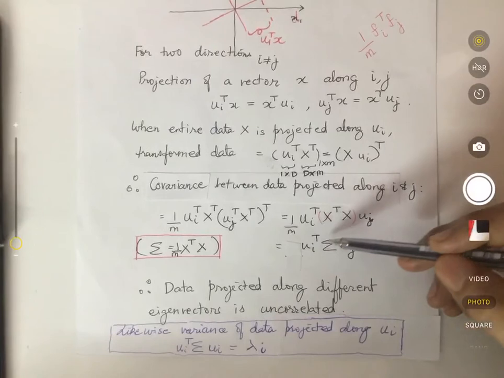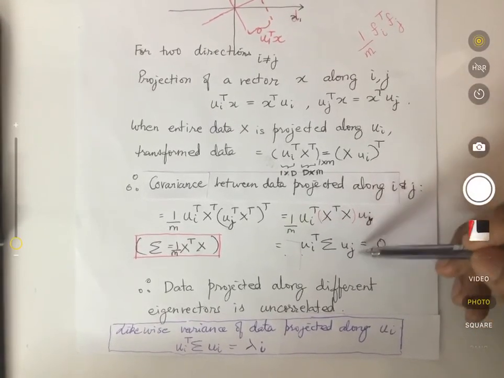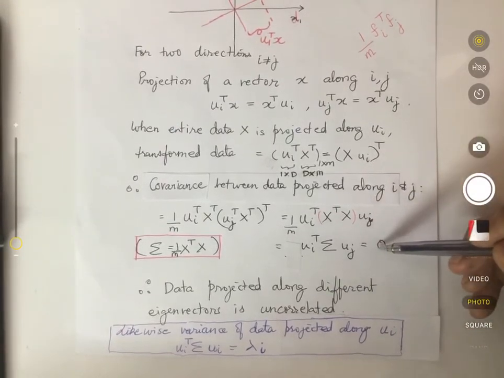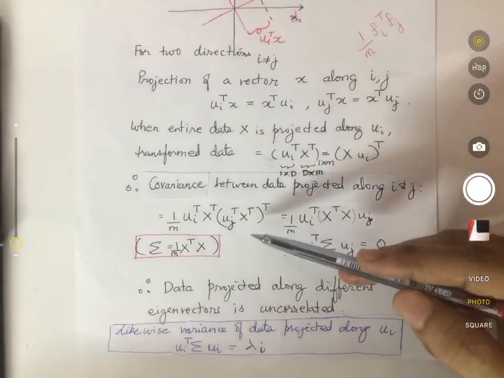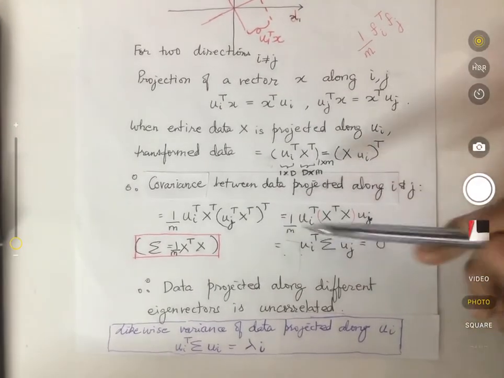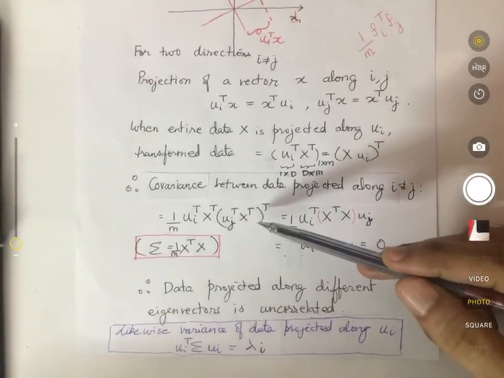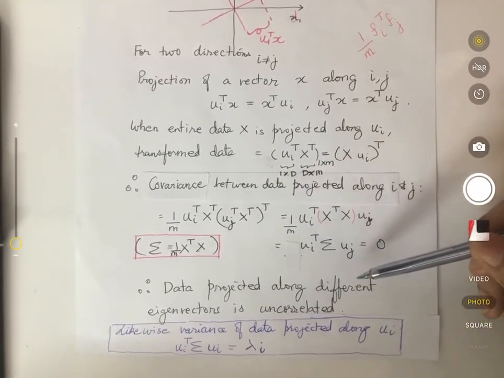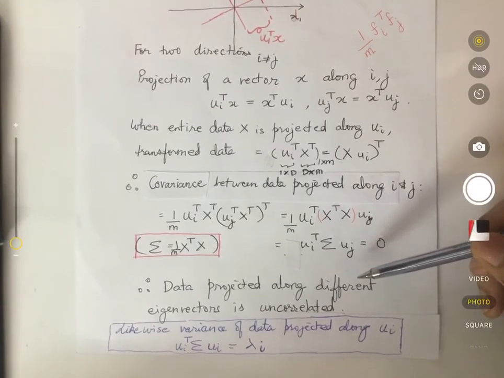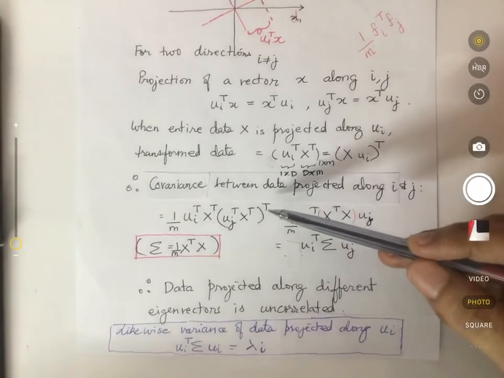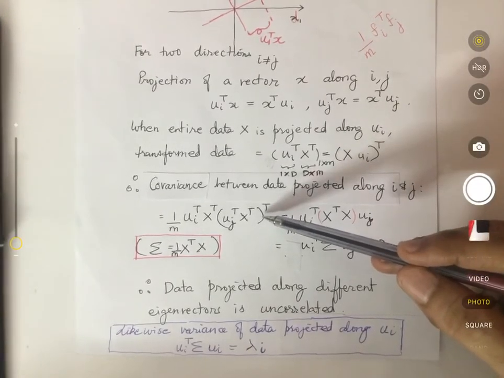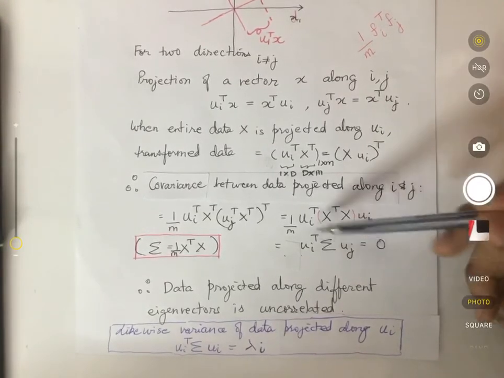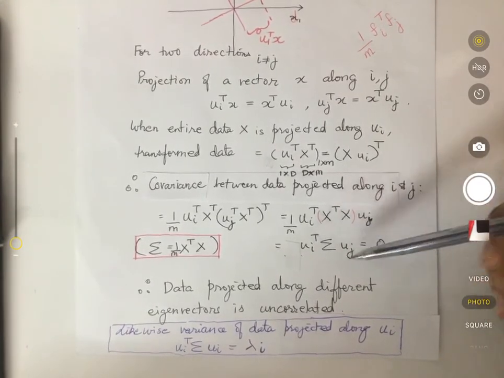So you end up getting ui transpose sigma uj, and we just learnt that ui transpose sigma uj is equal to 0, meaning that the covariance of the projections along ui with the projections along uj is 0, and it means that the two are uncorrelated.